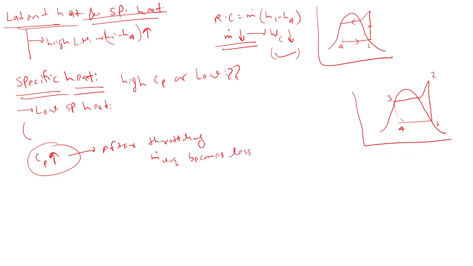Have you got it or not? Sir, after throttling, how does mass flow rate become less? Mass will be conserved throughout the system. Okay, okay, I will tell. Like specific heat is low.